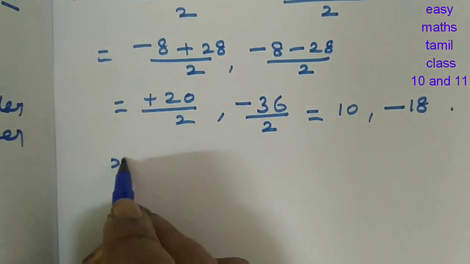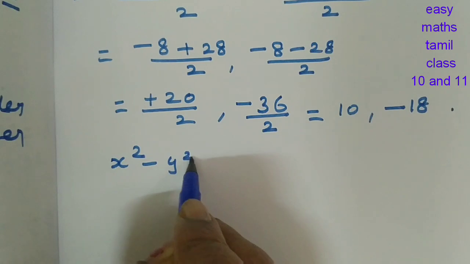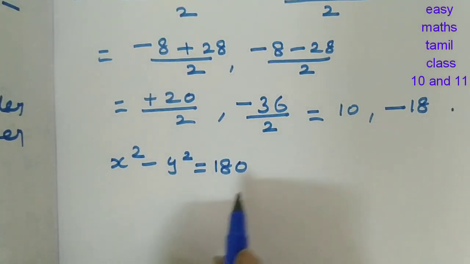Now the difference between the squares of two numbers is 180.